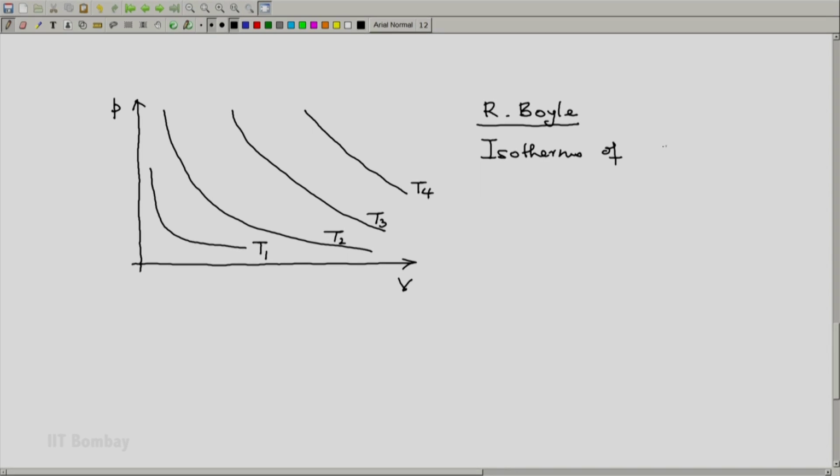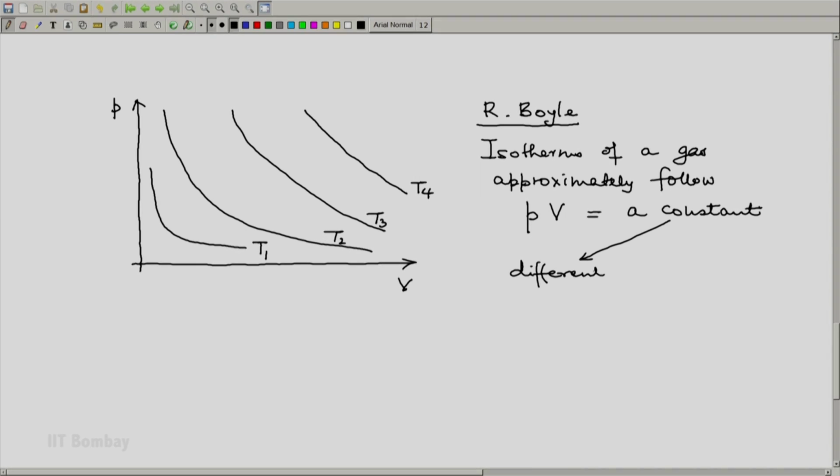So, Boyle discovered that isotherms of a gas approximately follow the relation that the pressure and volume product is a constant. The constant is not an absolute constant. The constant is different for different isotherms, which is good.